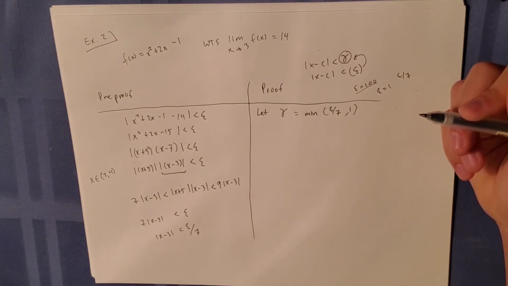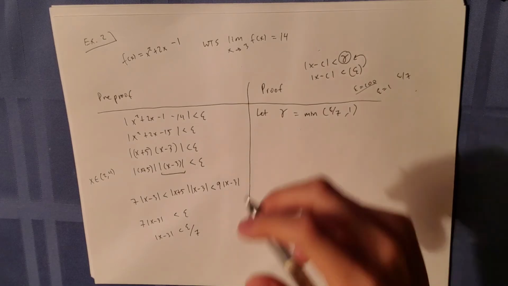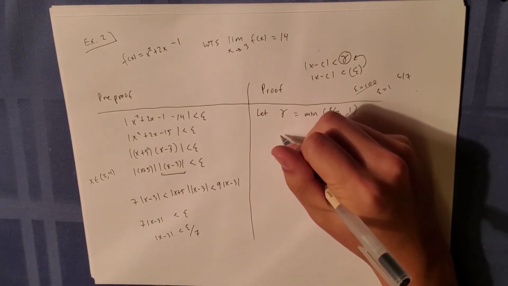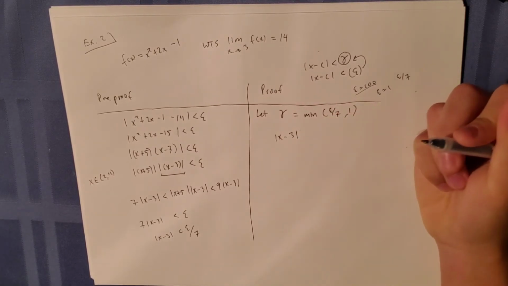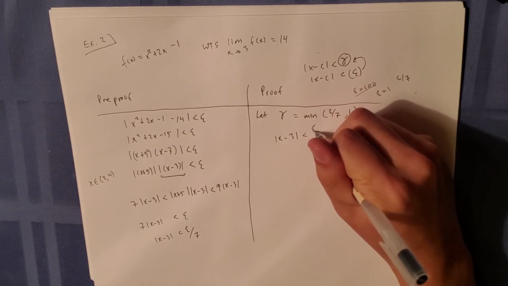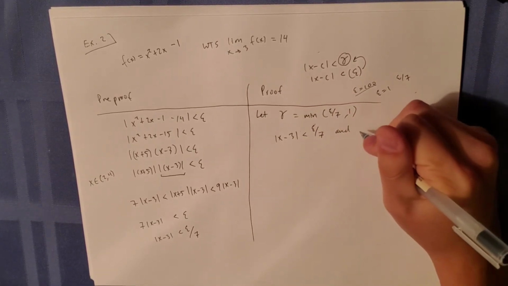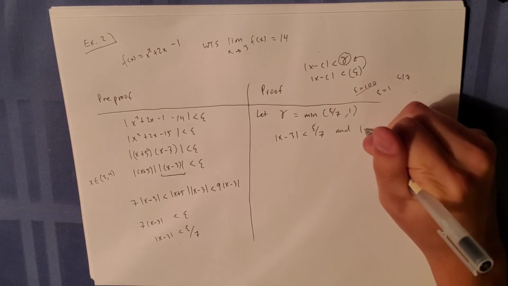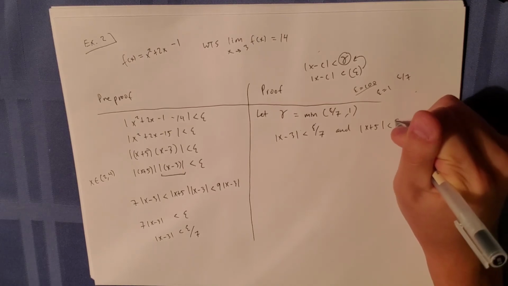So now that we have our delta given, we can say that the absolute value of x minus 3 will be less than epsilon over 7, and the absolute value of x plus 5 is less than 9.